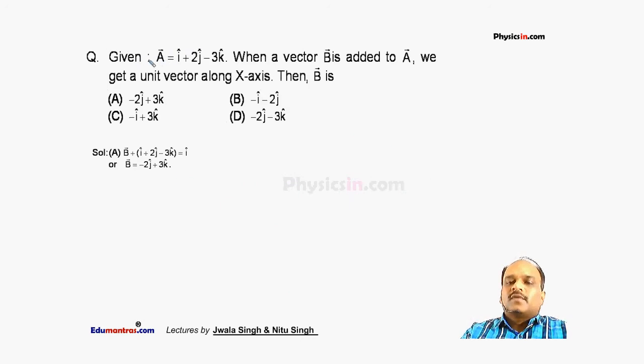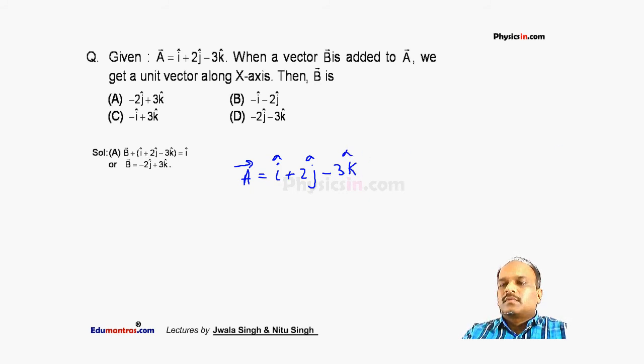Given a vector A equal to i cap plus 2j cap minus 3k cap. Now when a vector B is added to vector A, it gives a unit vector along the x-axis. As we know, the unit vector along the x-axis is i cap.